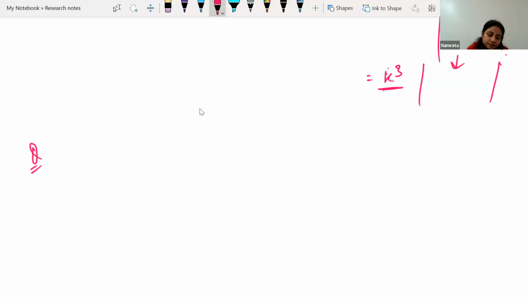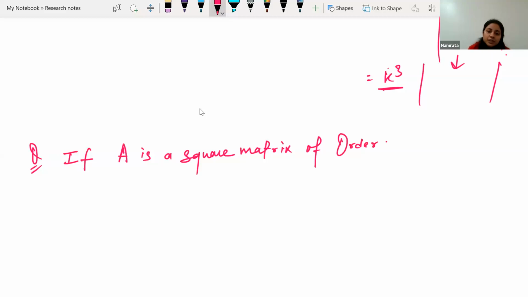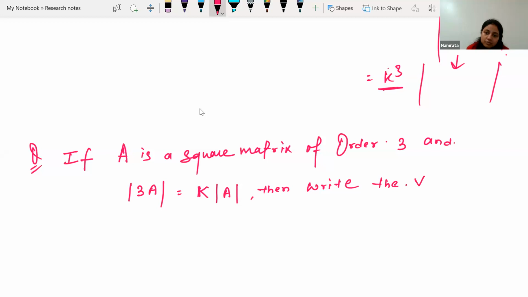So the question is, if A is a square matrix of order 3 and determinant of 3A, please don't get confused, this is not modulus of 3A, this is determinant of 3A, is equal to k determinant of A, then write the value of k.